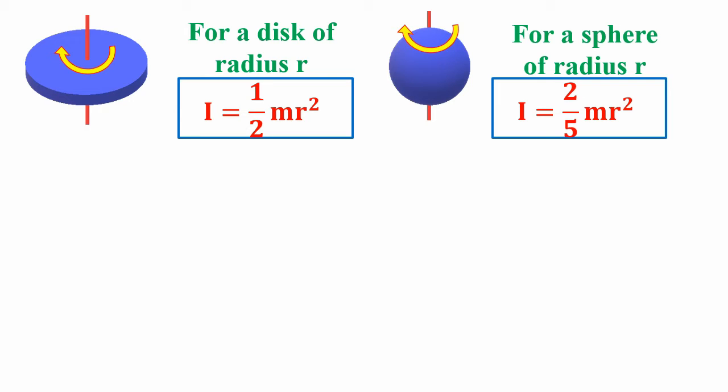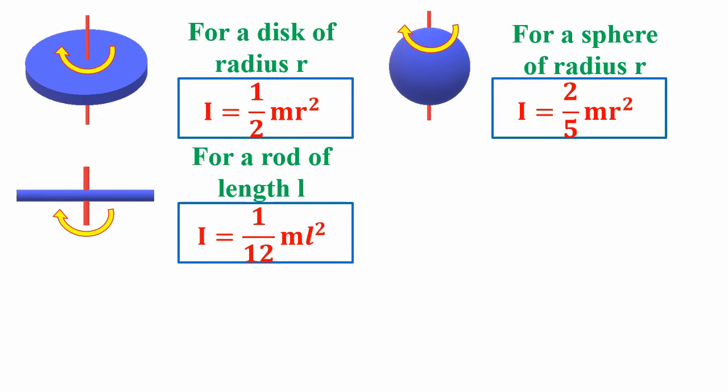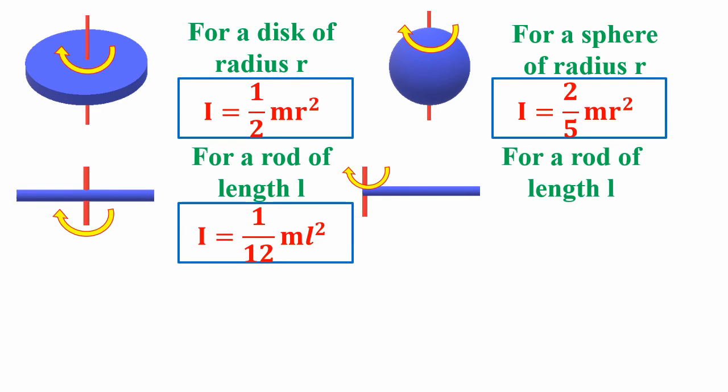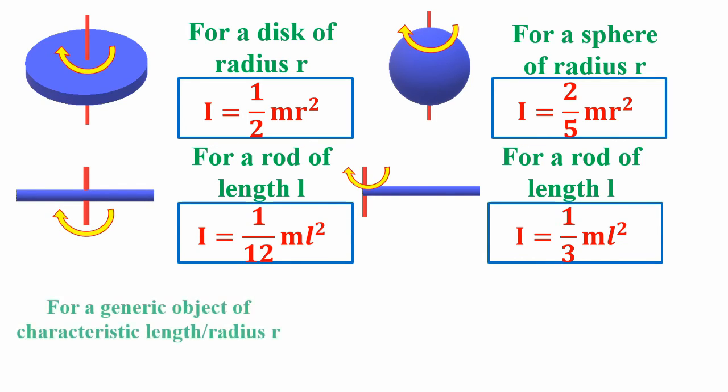Also, for a rod of length L that is rotated about the center, the moment of inertia can be written as 1 over 12 ml squared. Whereas if the rod is rotated about its end as shown, then the moment of inertia increases to 1 over 3 ml squared.